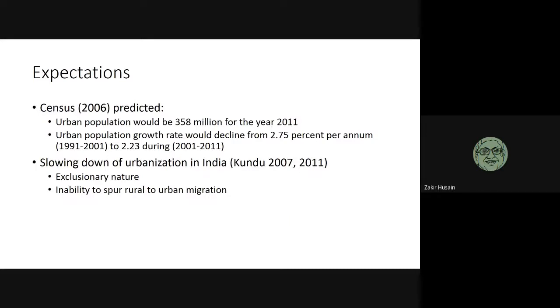So I've already discussed this, that there were signs from '81, '91 that the pace of urbanization was coming down. And people believed that, the census authorities published a report in which they said that India's population would be 358 million and the population growth would fall to 2.23 instead of 2.75.